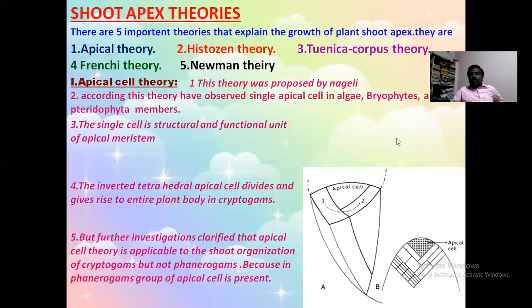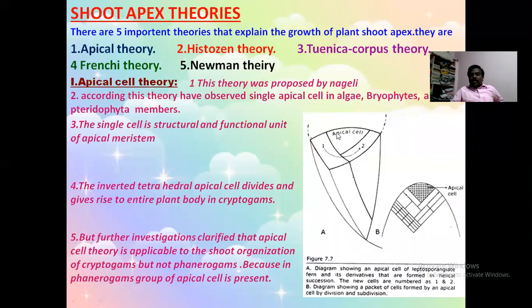In this picture you can observe the apical cell theory. The cell is divided into two parts, one this type and another this type. The cell at the base is not showing division. The cell divides along three planes, and cells are produced from the three planes.